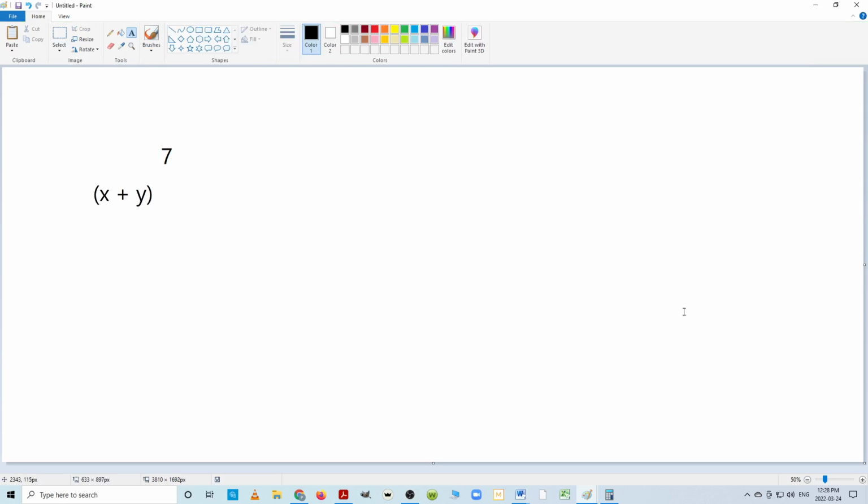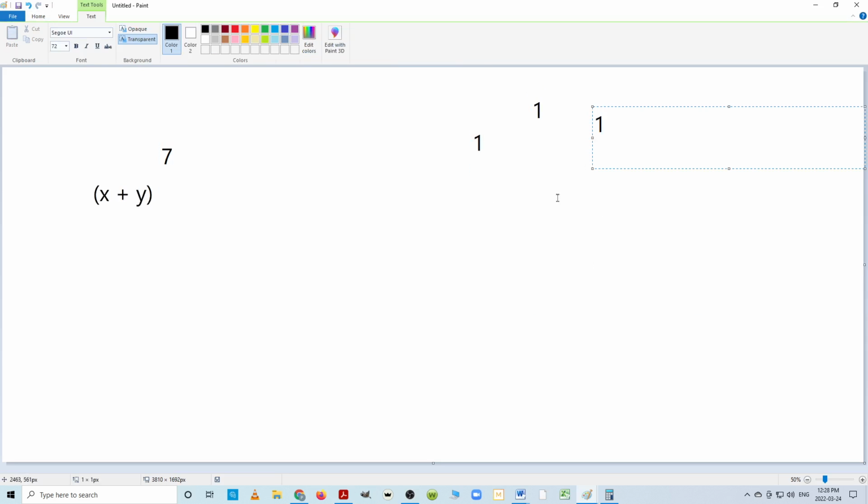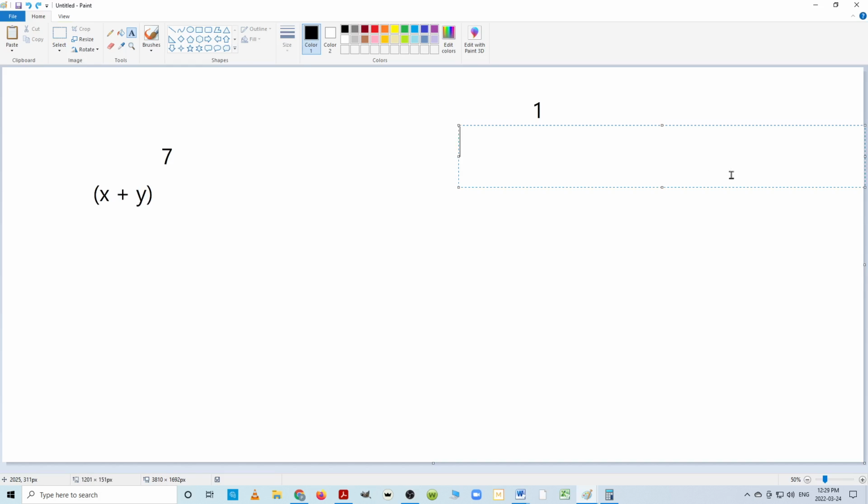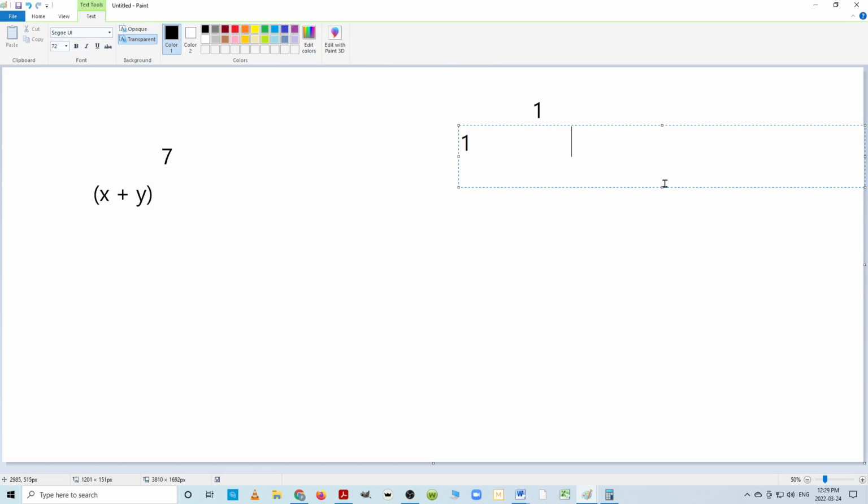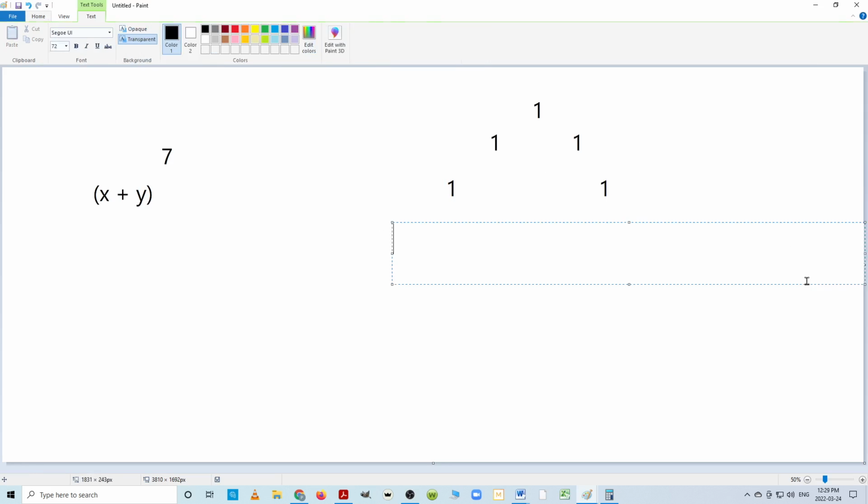You're going to have to go quickly, oh, I've got to draw this pyramid. I could have drawn them a bit closer together there, on the first one anyway. You're going to say, okay, I've got to put a 1 on the outside each time.